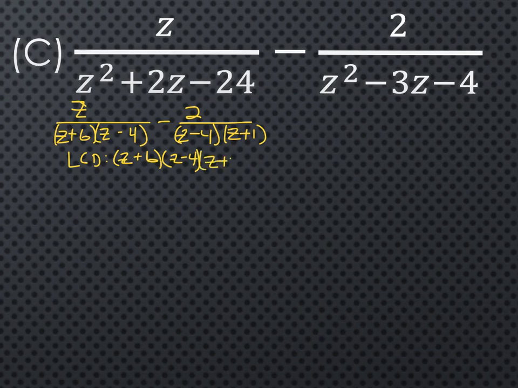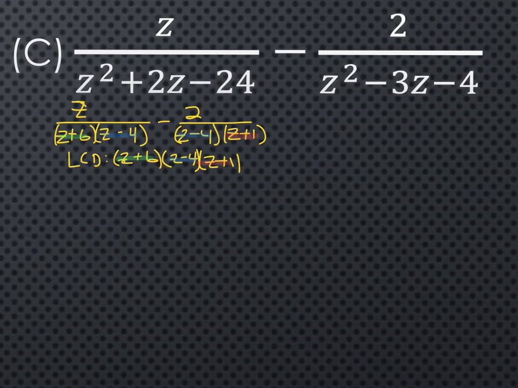and z plus 1. Okay, so notice that we have our z plus 6, we have our z minus 4, and we have our z plus 1. All of our denominators are represented, so we're ready to move to the next step.